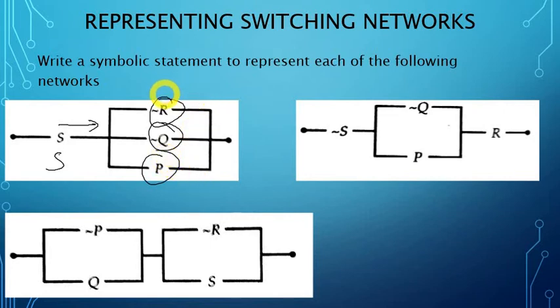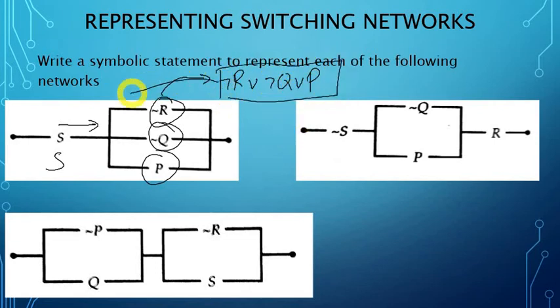So that means we have to write this as not R or not Q or P. And all of these 3 switches are connected in series with S. Therefore, the proposition here should be S and not R or not Q or P. So this is the proposition that represents this network.